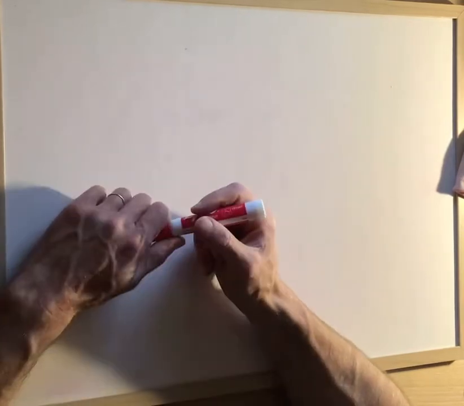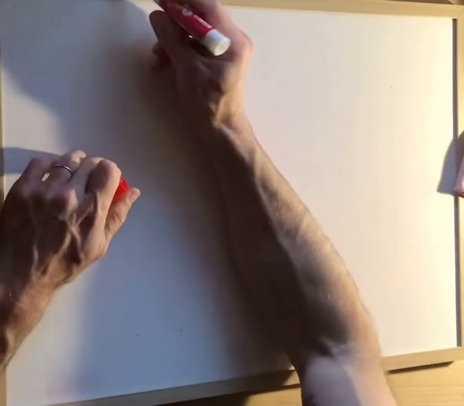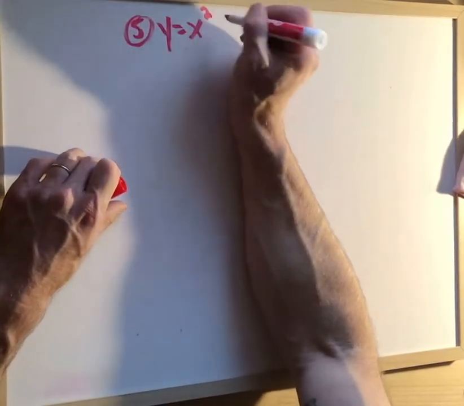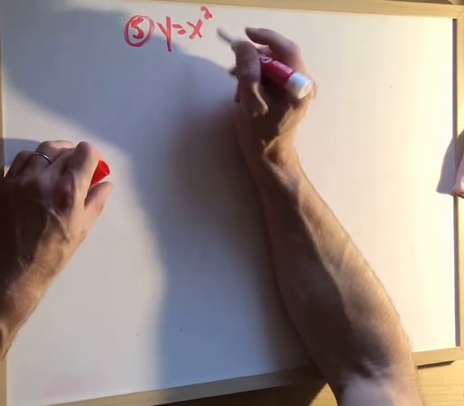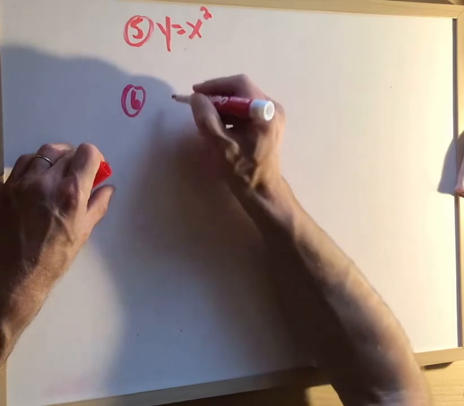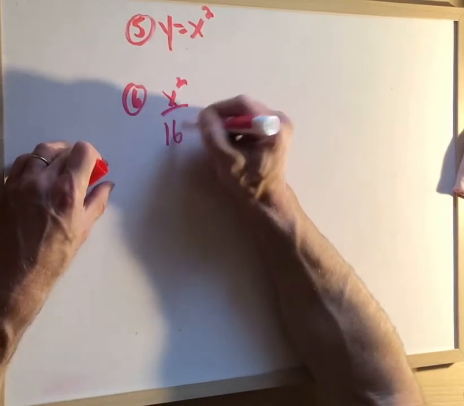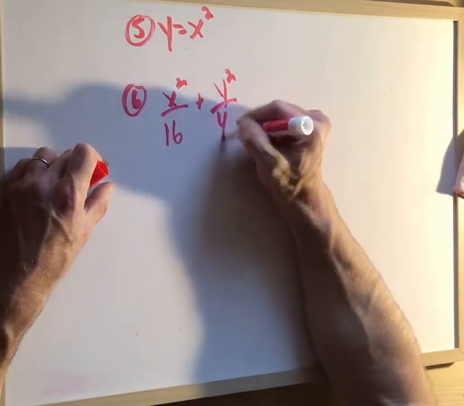All right, number 5 is probably the easiest question on this test. y equals x squared is a parabola. Super simple. For number 6, you have x squared over 16 plus y squared over 4 equals 1.